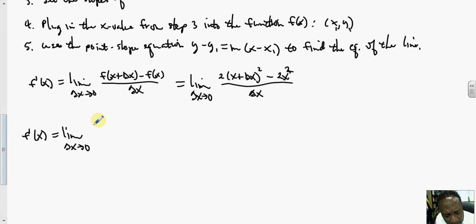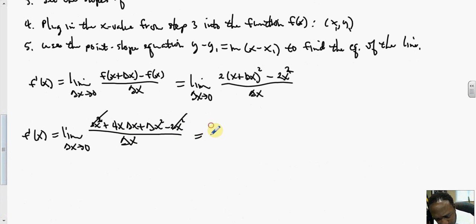Simplify all of this. This is 2x squared plus 2x delta x times 2 is 4x delta x plus delta x squared, minus 2x squared, all over delta x. Now the 2x squares cancel out. We have the limit as delta x goes to 0 of 4x delta x plus delta x squared.